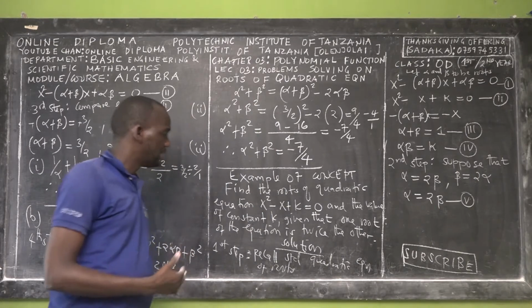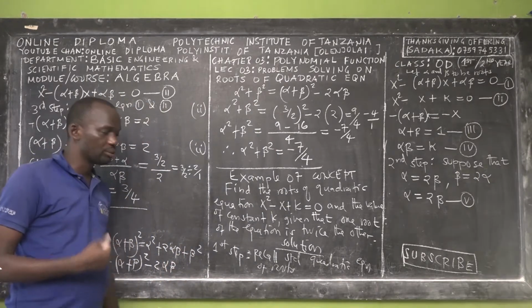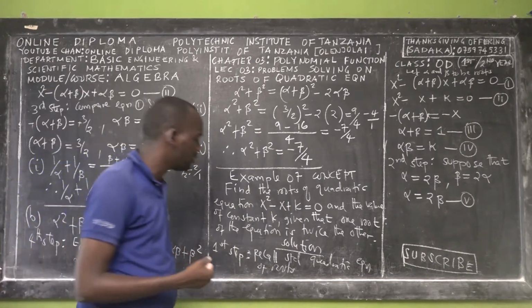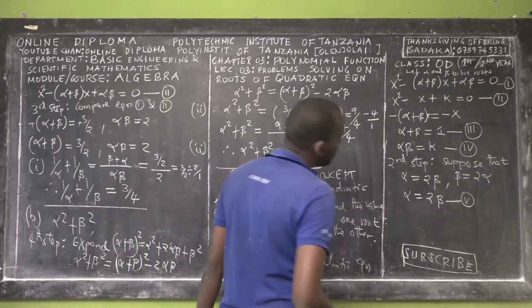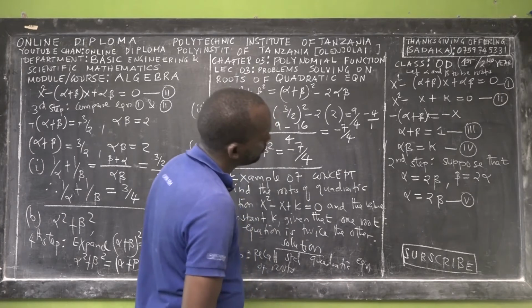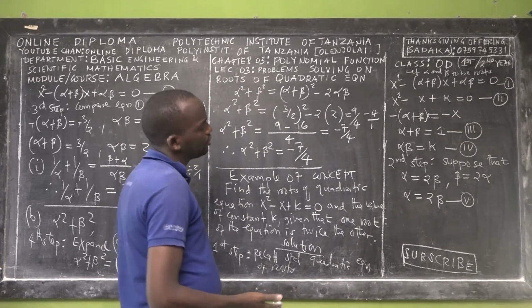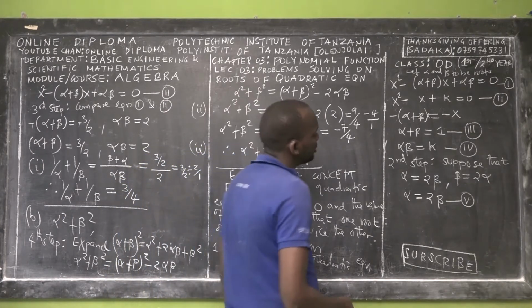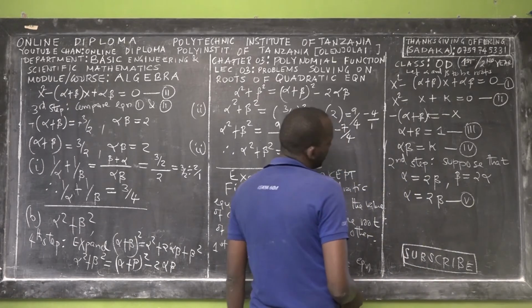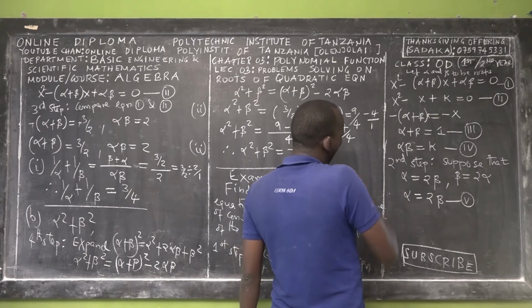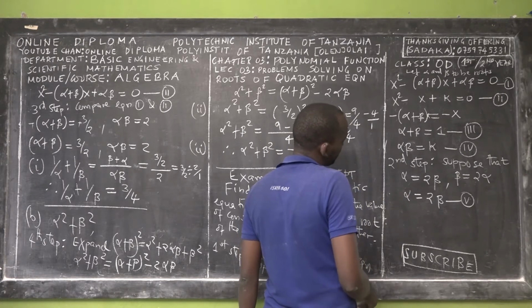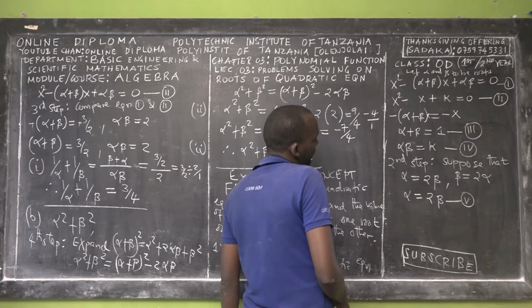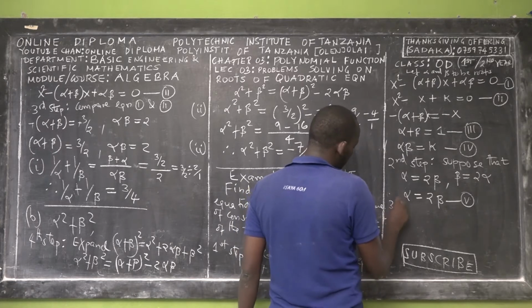So we have been asked to find the roots of the quadratic equation first, and afterward we have to find the value of k. To find the roots, how many equations do we have? Three equations. Because we have three equations, we go for the third step.